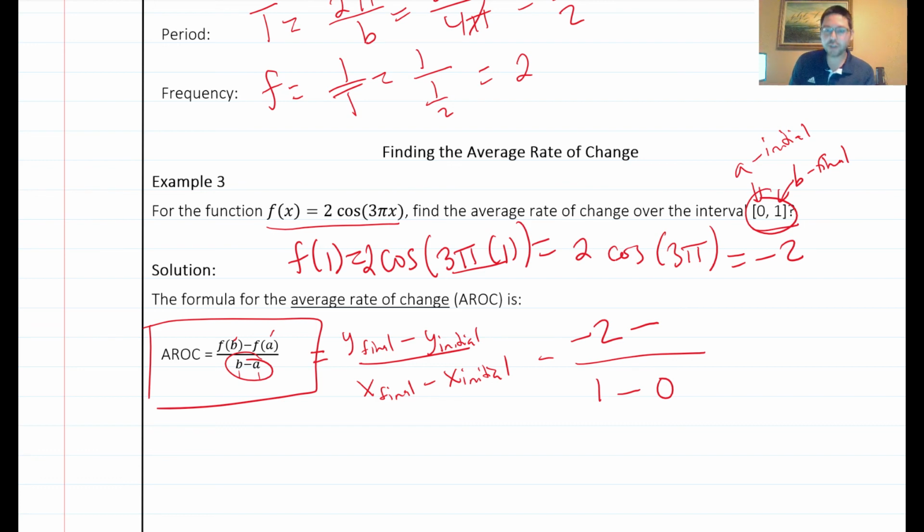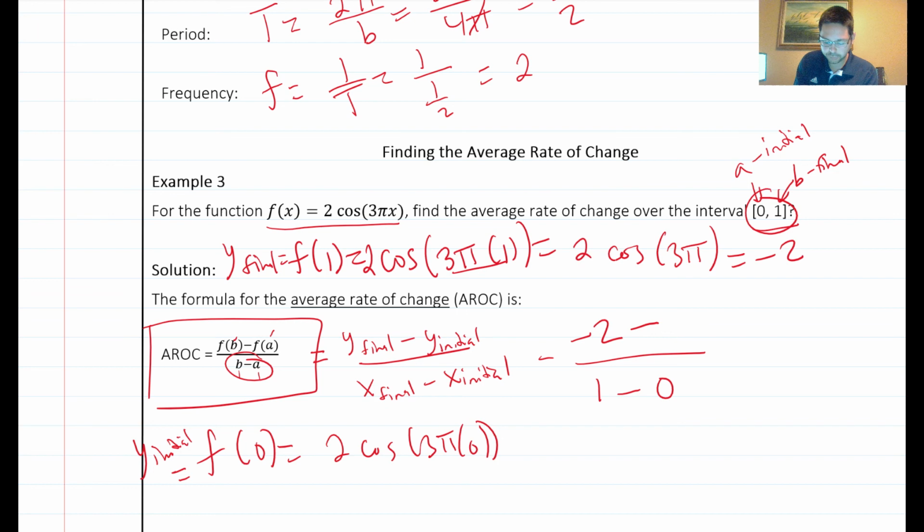So my final y coordinate is -2. Now I got to do my initial. My initial is when I plug in 0 into it, or I plug in a into it. So that's going to be f of 0. So this is my y final. This is my y initial. So if I plug it in, 2 cosine of 3 pi times 0. Well, 3 pi times 0 is 0. So this is going to be 2 cosine of 0.